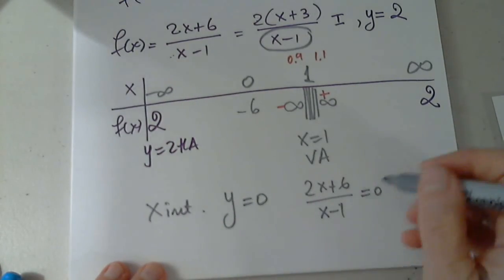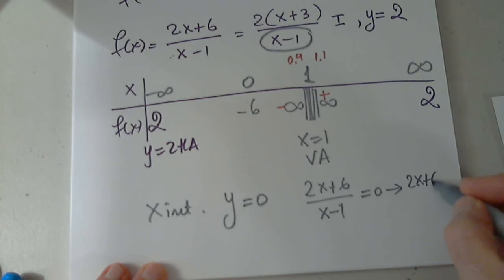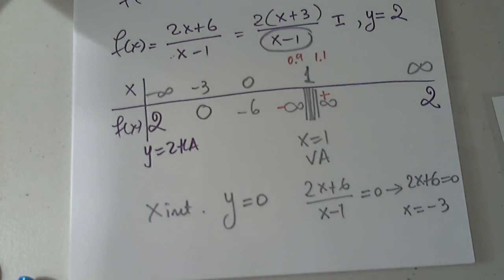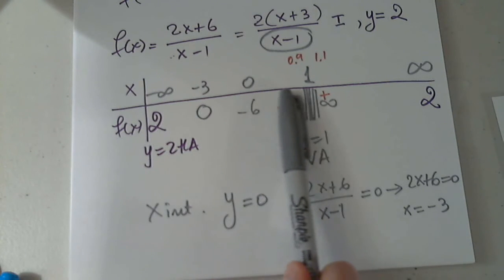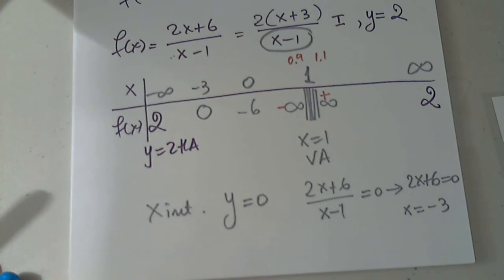A fraction is 0 when the top is 0. So from here, 2x plus 6 must be 0 or x equals negative 3. I put them correctly in the descending order. Let's check. Negative infinity, negative 3, 0, 1, infinity. Correct. That's all I need.